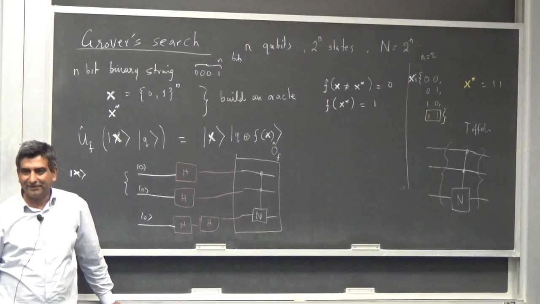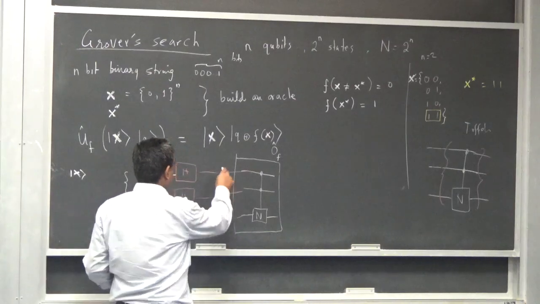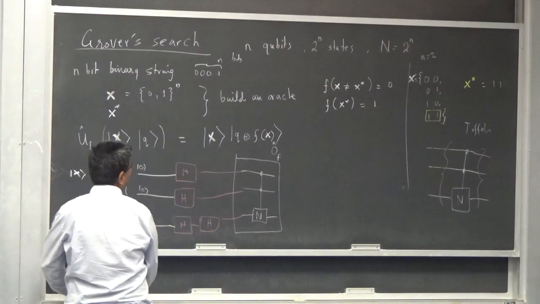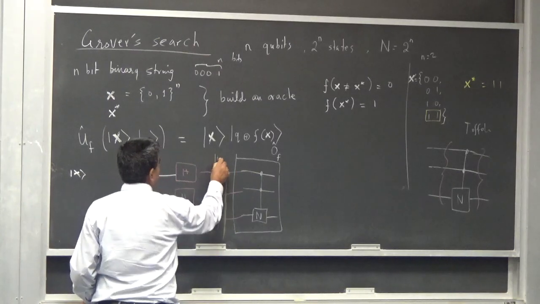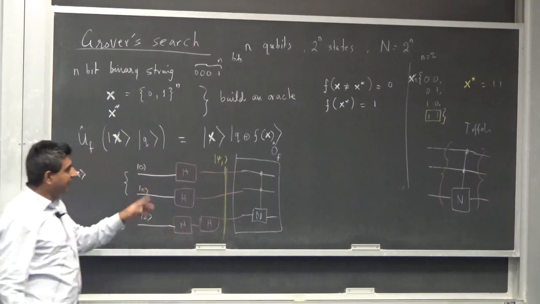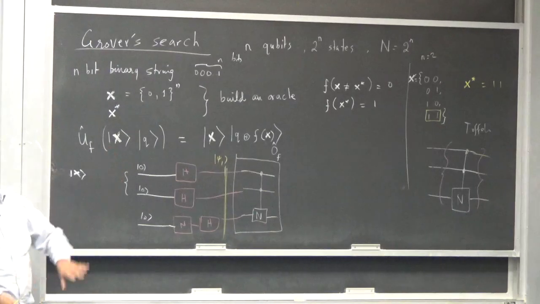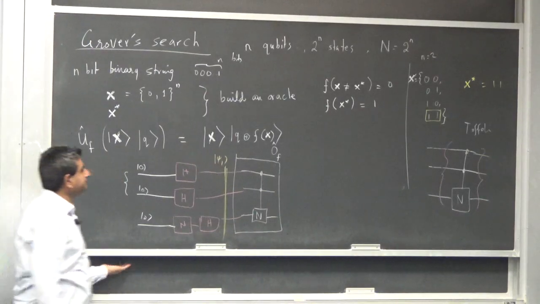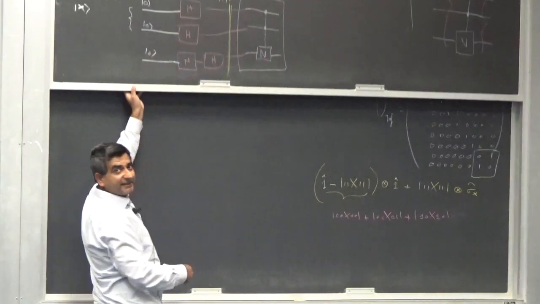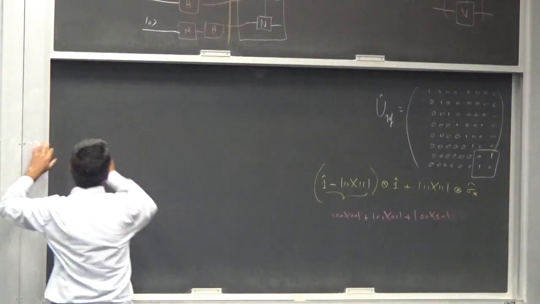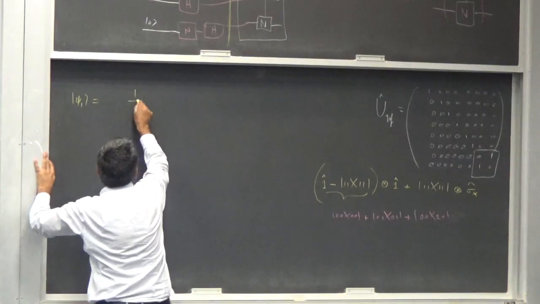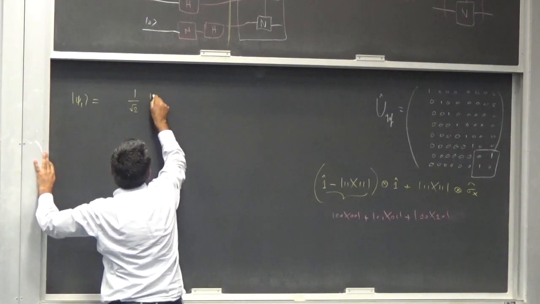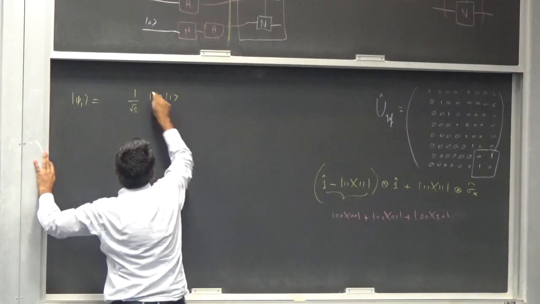Right? So if you look at the state that is achieved over here, psi1. Let's see what state is fed into the oracle. I think this lecture will run a little bit over time. So state psi1 is simply a superposition of 0 plus 1 on the first qubit, right?